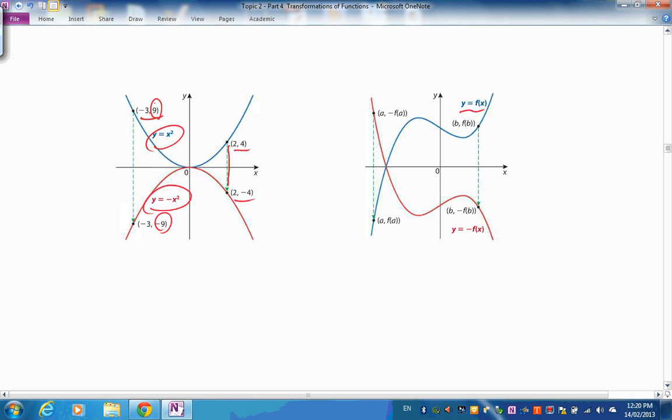So in general, if we've got a blue function there, a point up here has to go the same distance on the other side, no x movement, just across the x-axis. And how far behind must it be? Well, if this is f of b, whatever that is, then this has to be the negative equivalent, neg f of b.